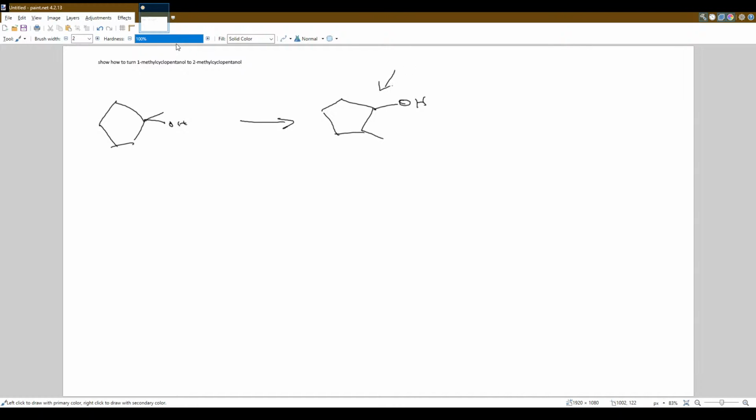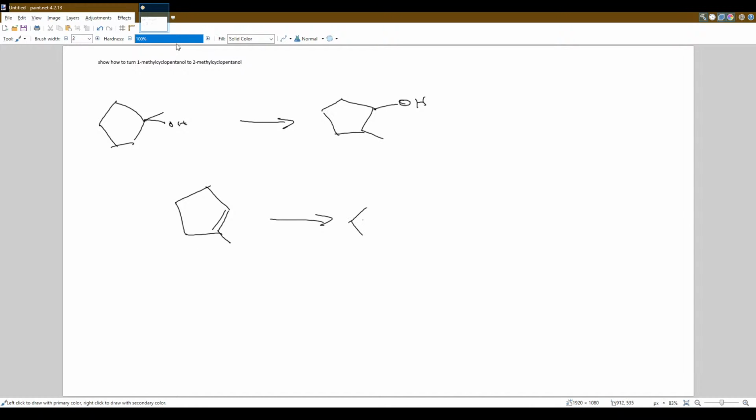So what can we do to make this? Well, we're going to need to have some sort of alkene like this. We need to have this alkene.